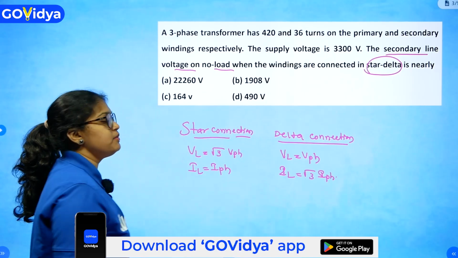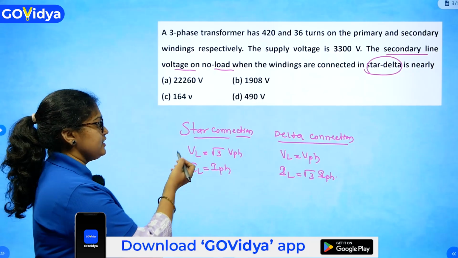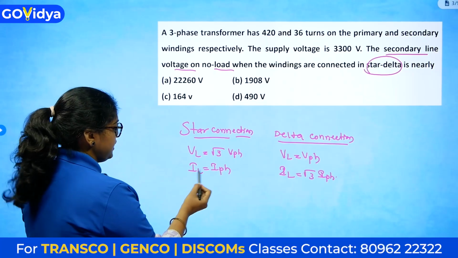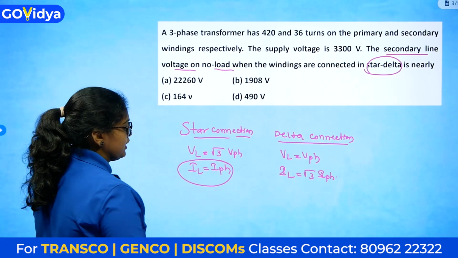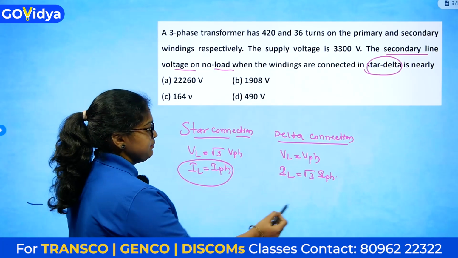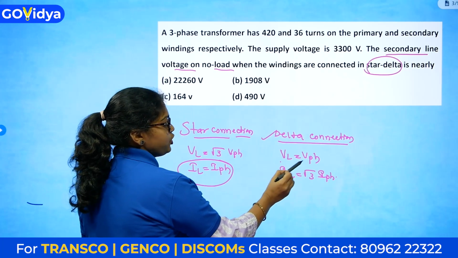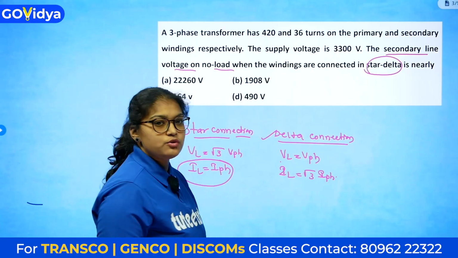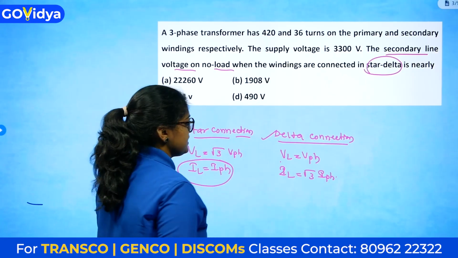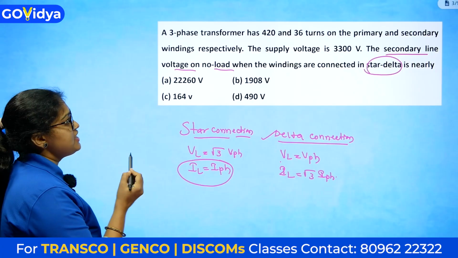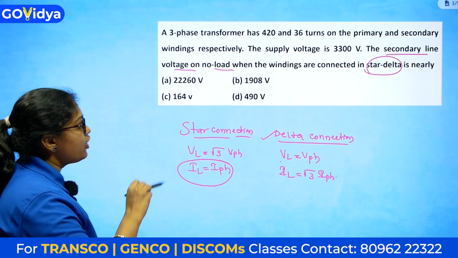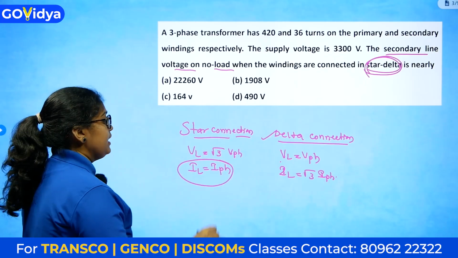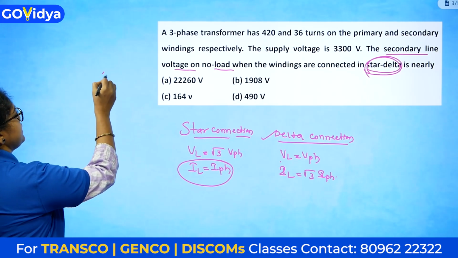So in the star connection, the line voltage is root 3 times the phase voltage and the line current equals the phase current, while in the delta connection, the line voltage equals the phase voltage and the line current is root 3 times the phase current. We have to calculate the secondary line voltage on no load, particularly for the star-delta connection.